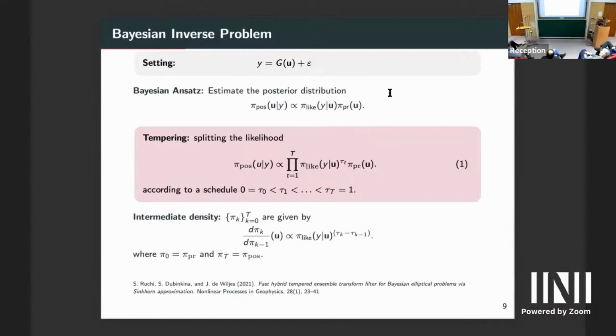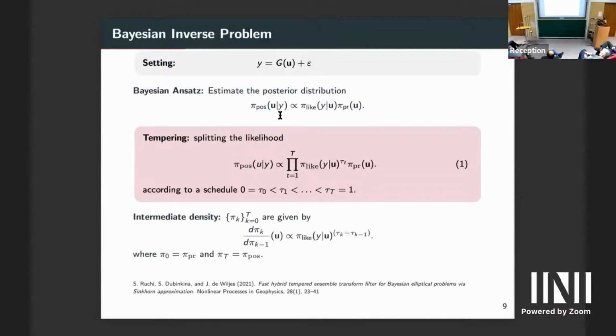Of course, we can also use a Bayesian ansatz here. We might have some kind of prior assumptions for u. We can also calculate the likelihood, and then we want to estimate what the posterior is. Obviously, you could use classical Monte Carlo techniques for this.